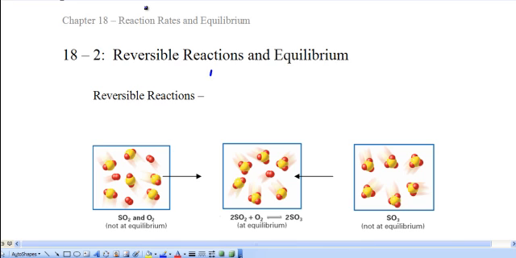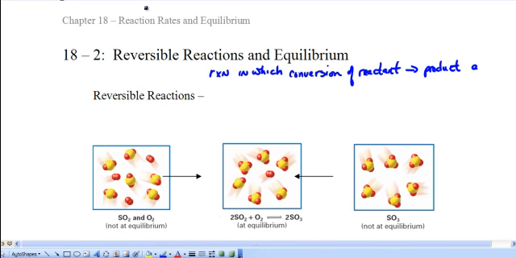It's a reaction in which the conversion of reactant to product and the conversion of product back to the reactant occur at the same time.